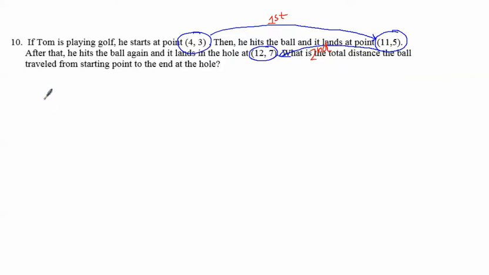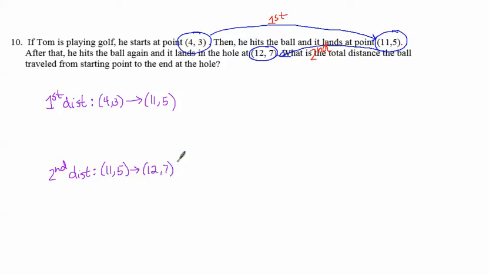So we need to find two distances. The first distance goes from 4, 3 all the way to 11, 5. The second distance goes from the point 11, 5 to the end location of 12, 7. So we need to find both of these distances and then add them together at the end.